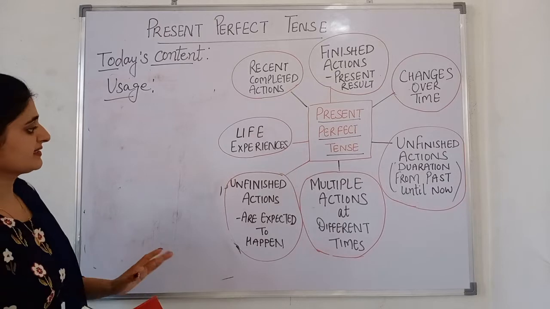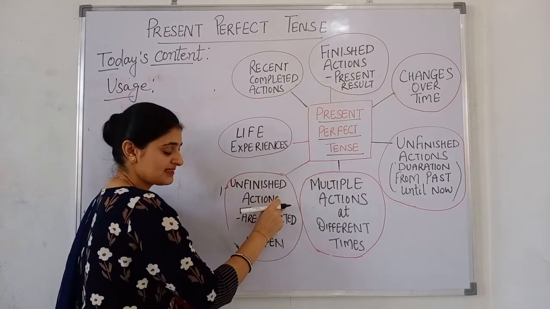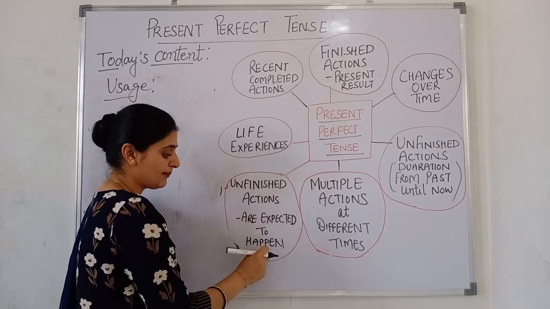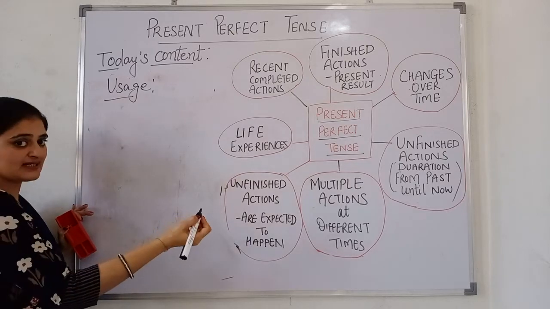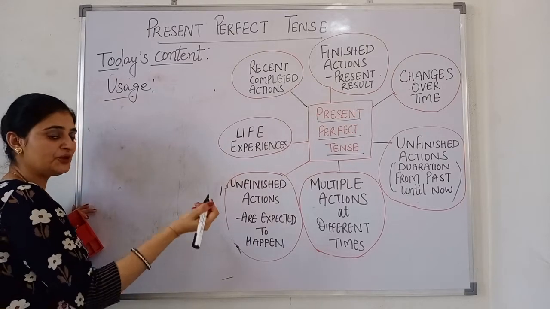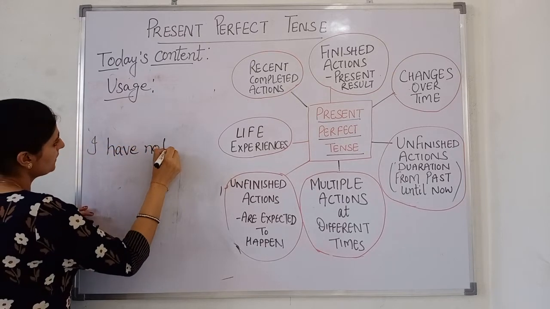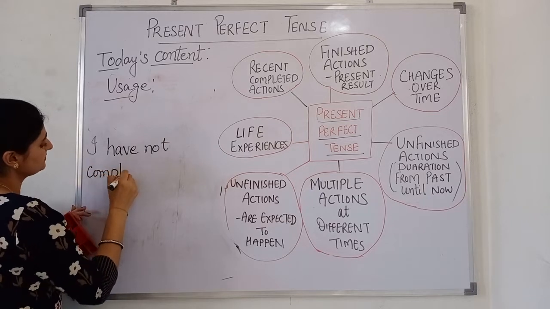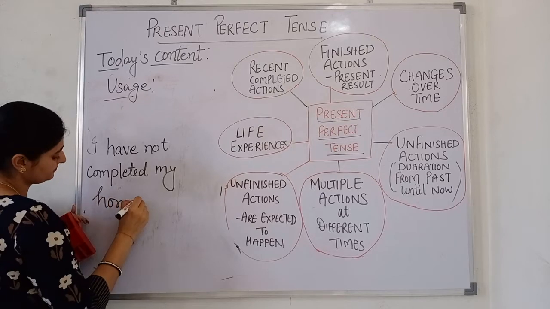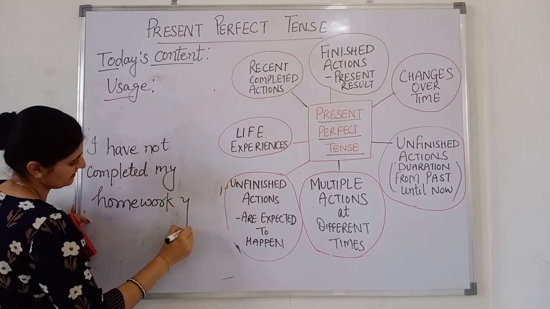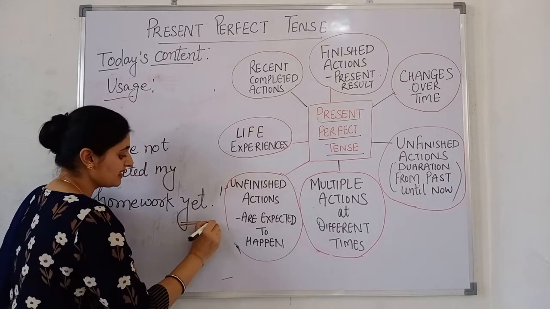Okay, the next use of present perfect tense is unfinished actions that are expected to happen in the future. For example, your father asked, "Have you done your work?" And you replied, "I have not completed my homework yet." In such sentences we use the expression yet.